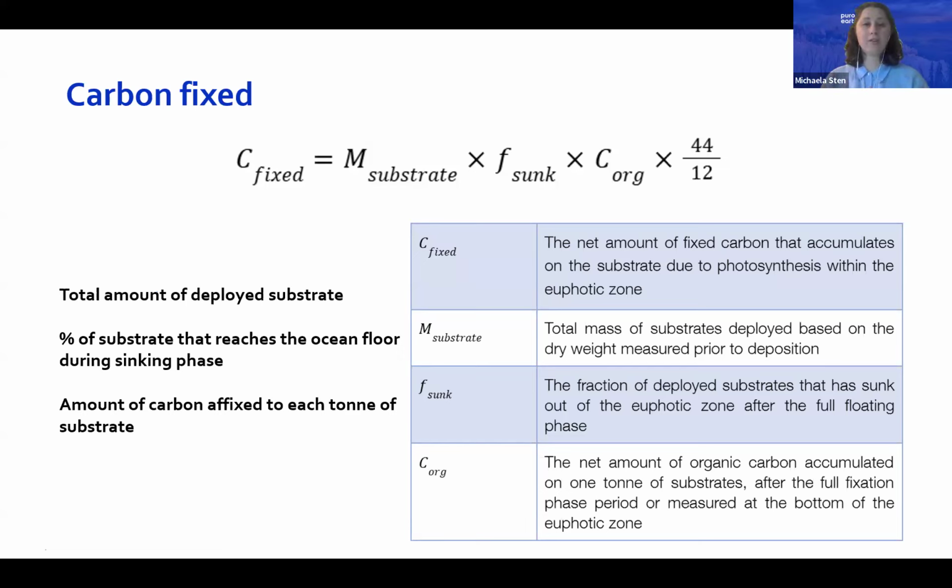We then have quantification requirements for the amount of biomass and the type of biomass that is affixed to the substrate. And then we recommend a conversion factor for carbon into carbon dioxide so that we can accurately quantify the carbon dioxide that's being pulled out of the system. Next slide.